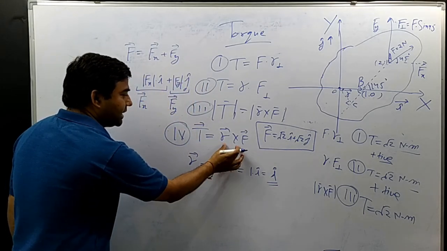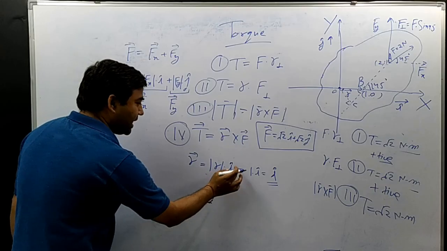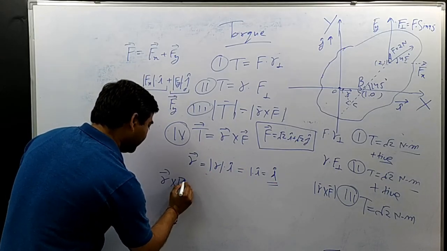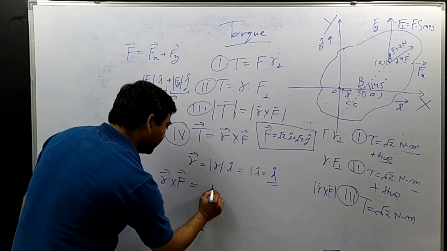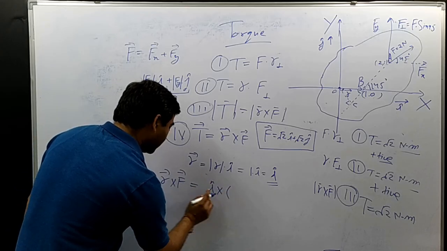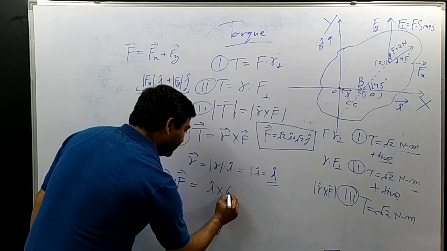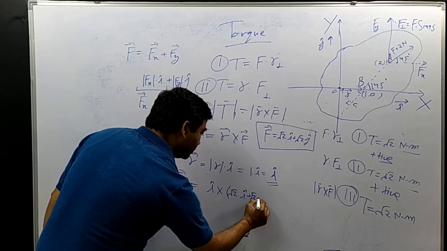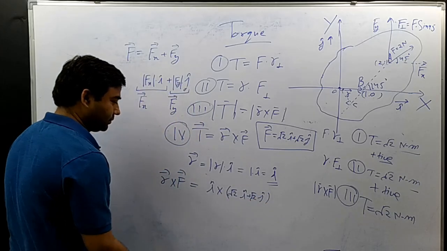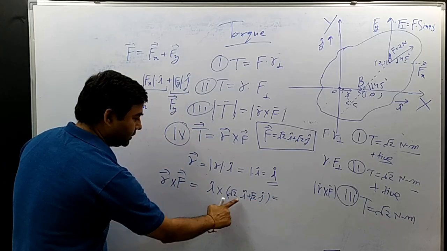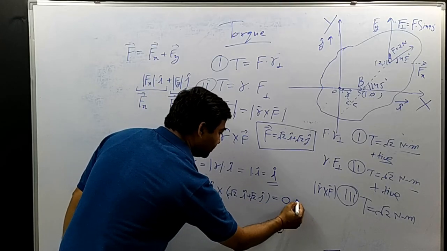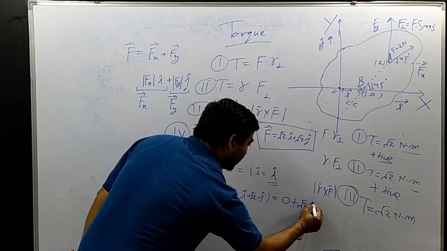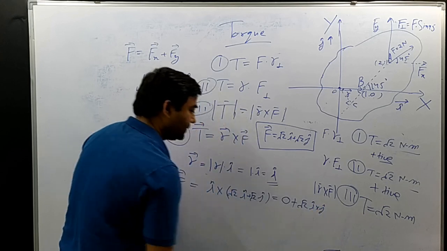Now torque is r cross F. So r is i. So you can say r cross F is equal to vector i cross F, that is under root 2 i plus under root 2 j. And this i cross i is 0, plus under root 2 i cross j.